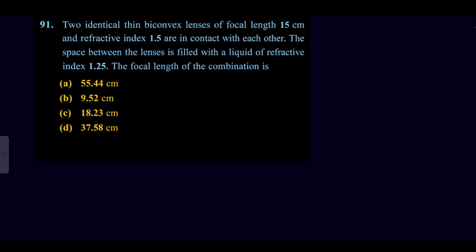The two lenses we have are identical biconvex lenses, each having a focal length of 15 and refractive index 1.5, and these two are in contact with each other. So how this arrangement happens, you can see.